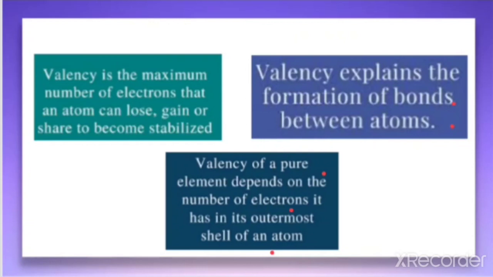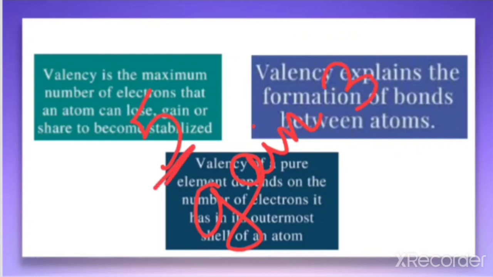So if the valence electron is 1, it will lose 1 electron. If it is 2, it loses 2 electrons. If it is 3, it loses 3 electrons. But if the valence electron is 4, it shares the 4 electrons. If the valence electron is 5, it gains electrons. How many? It gains 3 electrons, because it wants to get 8.